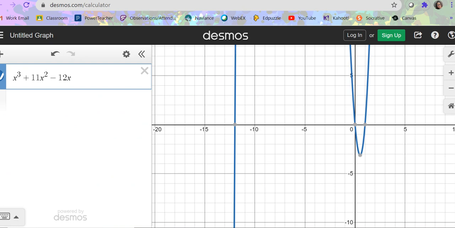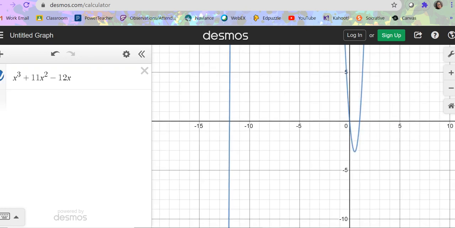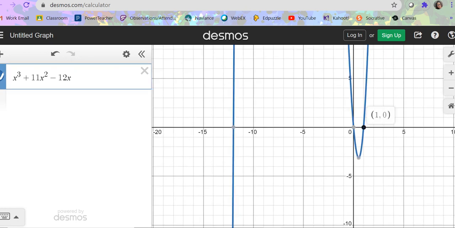And when we talked about the different types of graphs, we should expect some type of S-shaped graph whenever it's a cubic. And if you look at this, these are the solutions. Here's the first solution at 1. Here's the second solution at 0. And here's the third solution at negative 12.